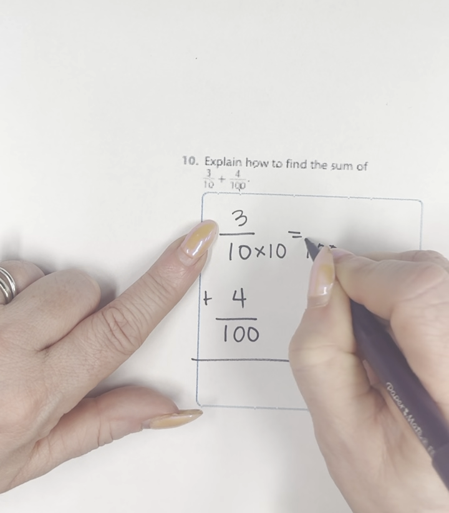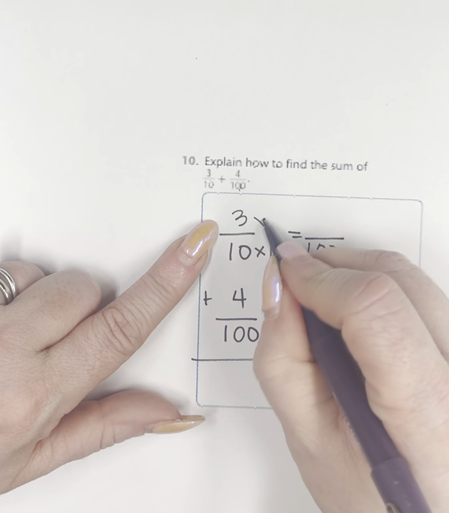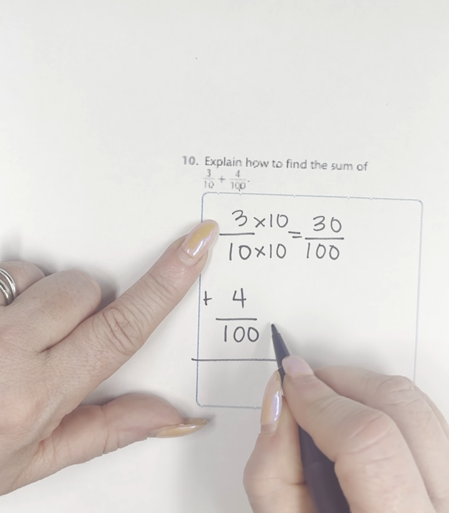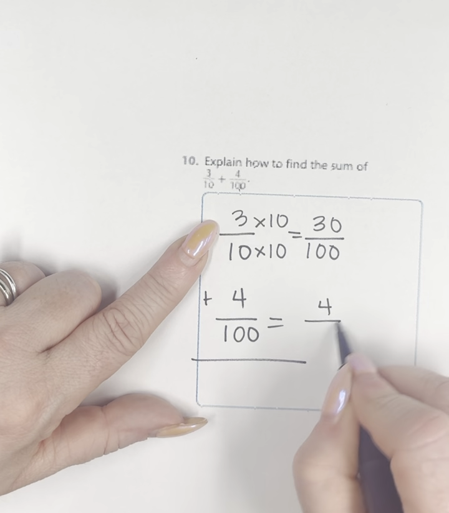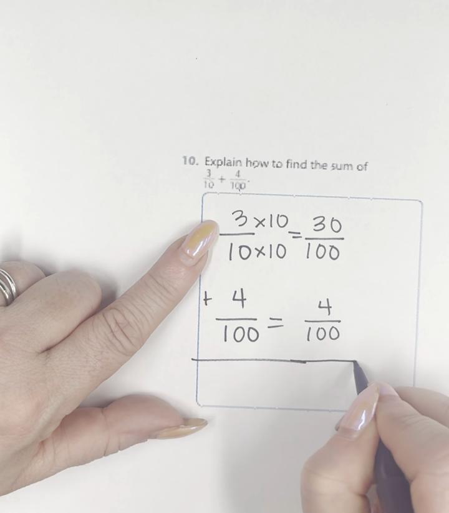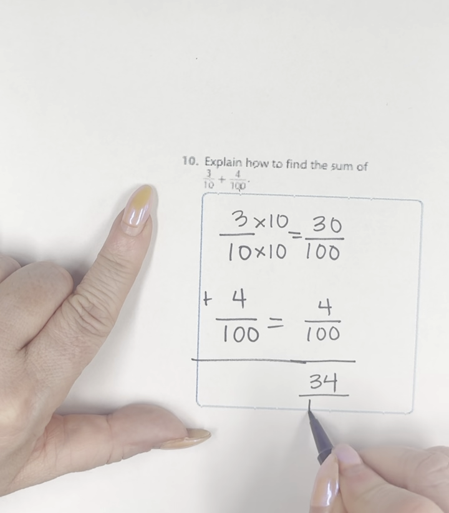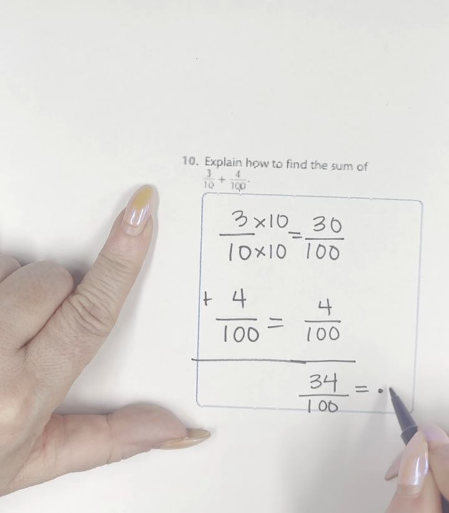So I'm working with the same denominator, and I'm just copying the bottom fraction. Now, this is a lot easier to add. 30 plus 4 is 34 hundredths, which is also equal to 0.34.